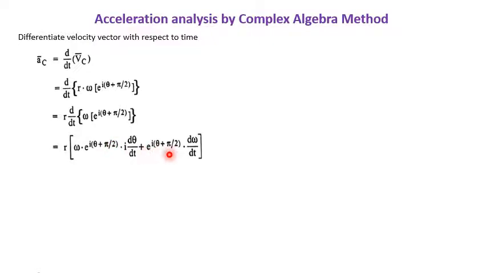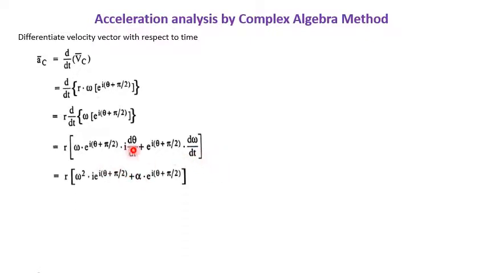In the next step, we keep the second term v constant and differentiate the u term. So e to the power of i into theta plus pi by 2 into d omega by dt.